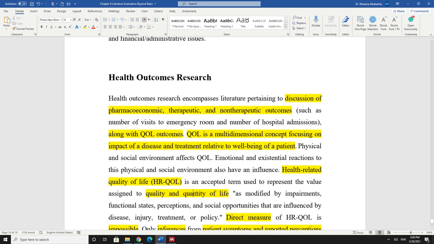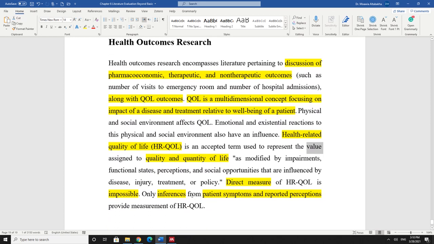Or you might have a bad quality of life, but they will allow you to live for a longer time. These values are not direct. You cannot assign them directly. They will depend on the patient's symptoms and how he feels about them. So direct measures of health-related quality of life are impossible. Only inferences from patient symptoms and reported perceptions.